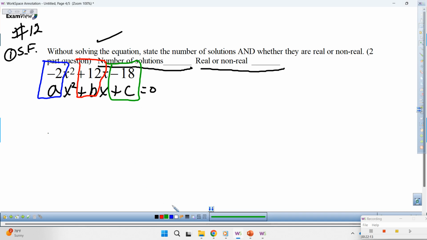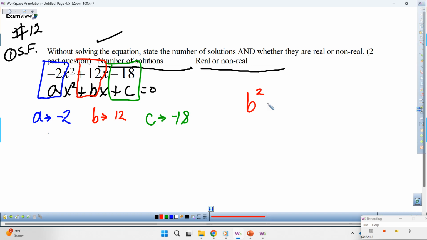So therefore, A is negative 2, B is 12, and C is negative 18. So how can we tell if these have solutions? Again, without graphing or without solving, we use the discriminant.